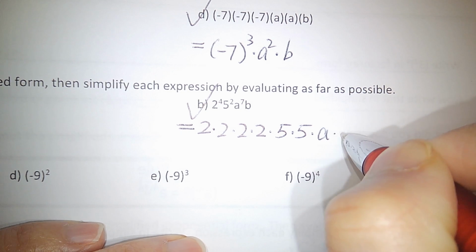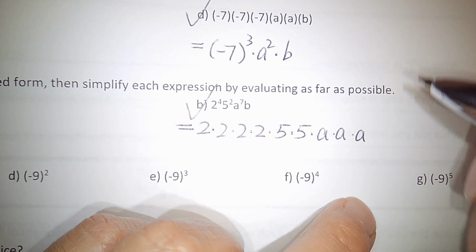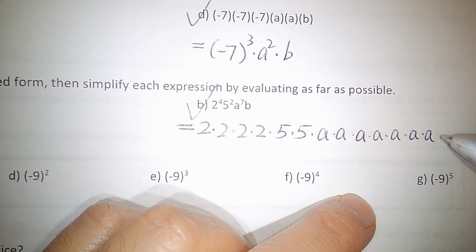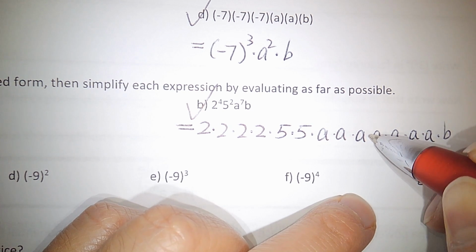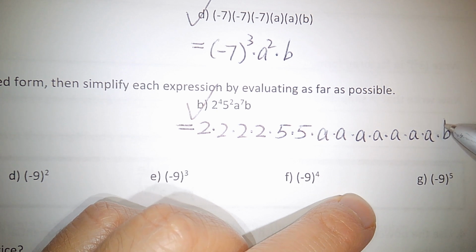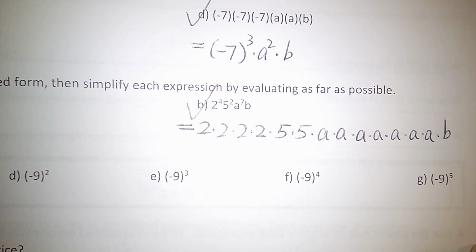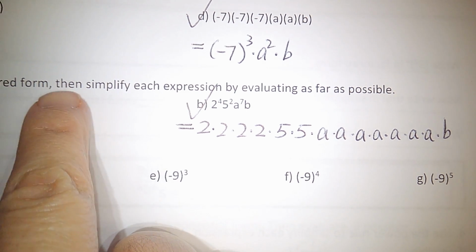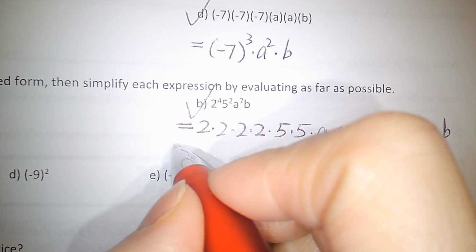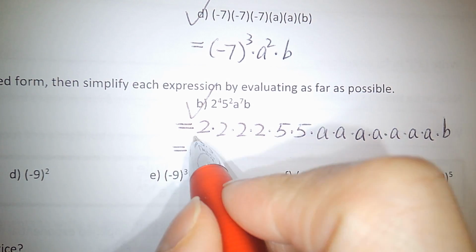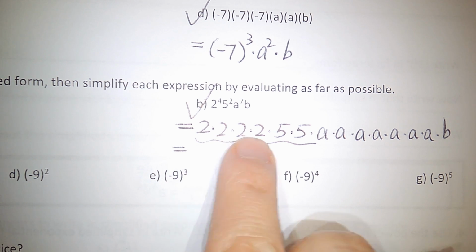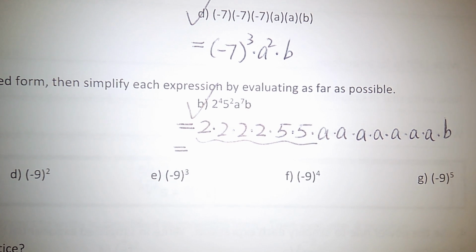And times 7 of a, we'll count: 1, 2, 3, 4, 5, 6, 7, and b, right? It also says simplify each expression by evaluating as far as possible. So use your calculator, do the 2 times 2 times 2 times 2, 5 times 5, and then we can get a number there, right?